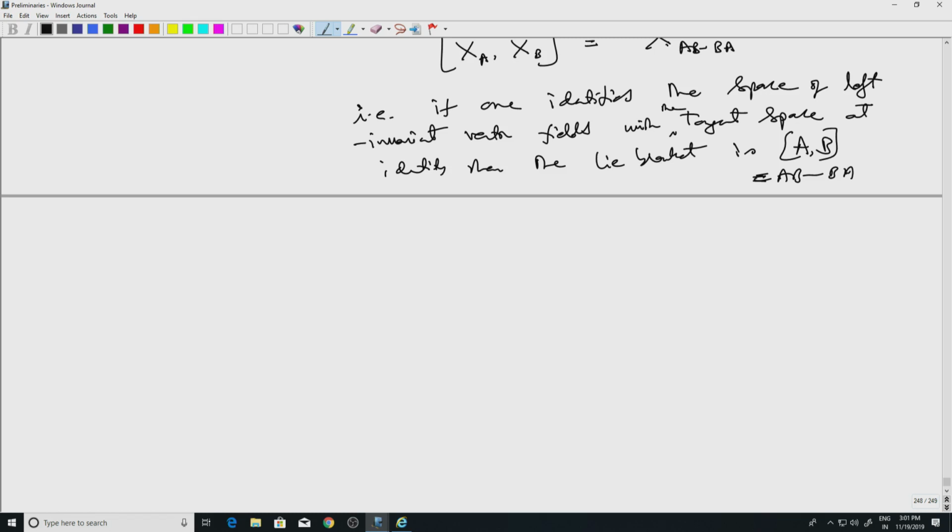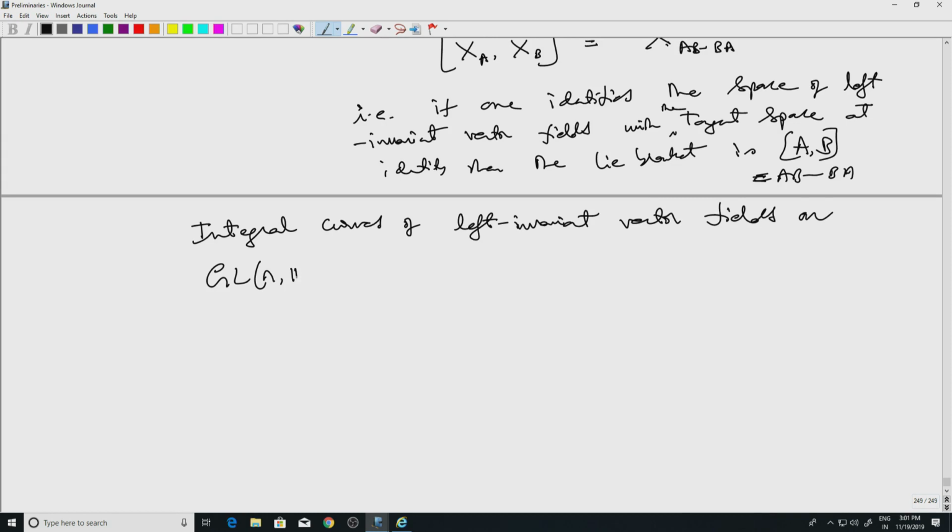So let's do that, integral curves for left invariant vector fields on GL(n,R).